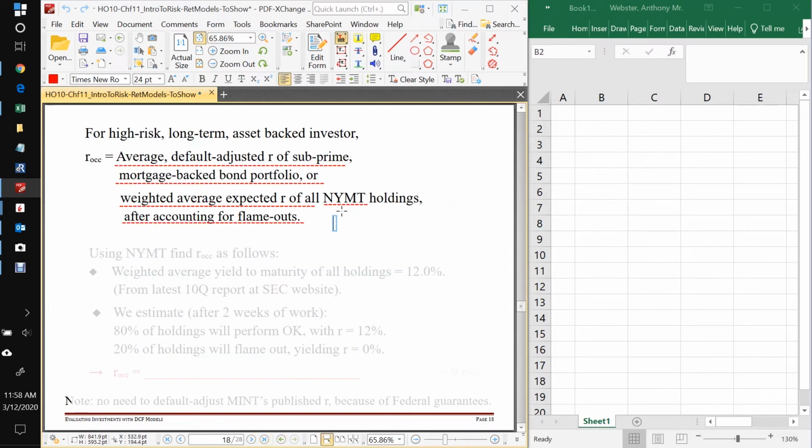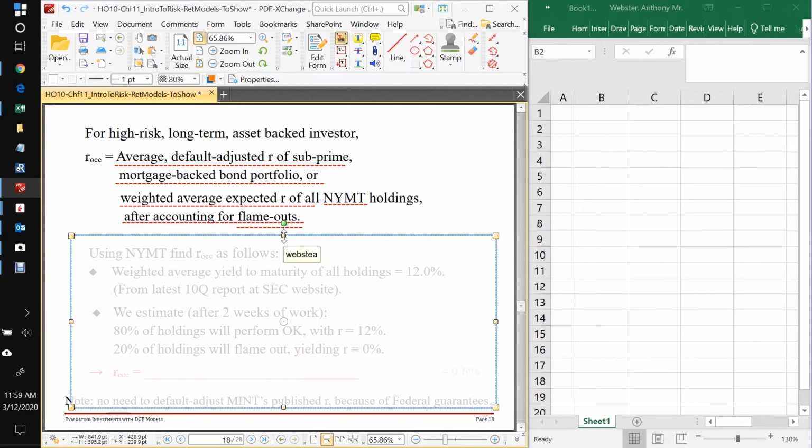But for the NYMT, these are very risky things, right? So some of the mortgage borrowers are going to go bankrupt. They are going to flame out. So we're going to have to look at what the promised interest rates are, and think about how many are going to flame out, what happens if they flame out, etc.